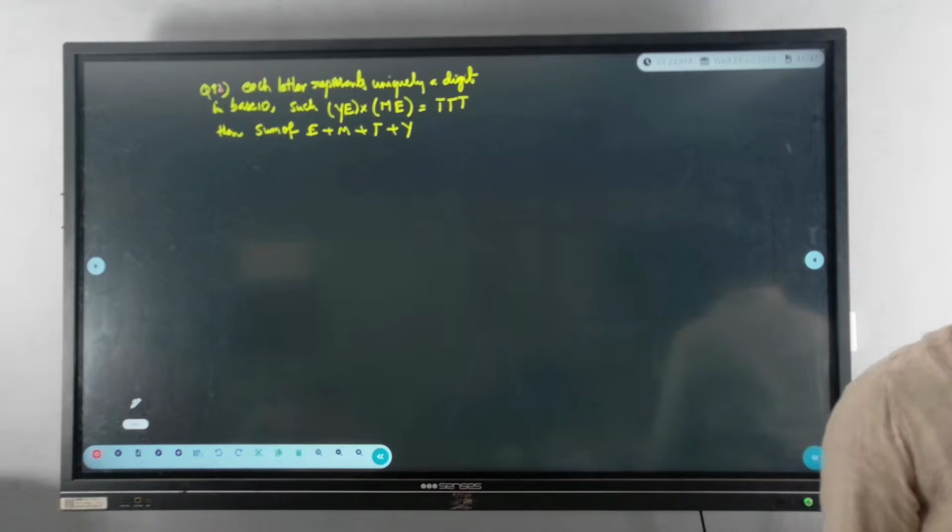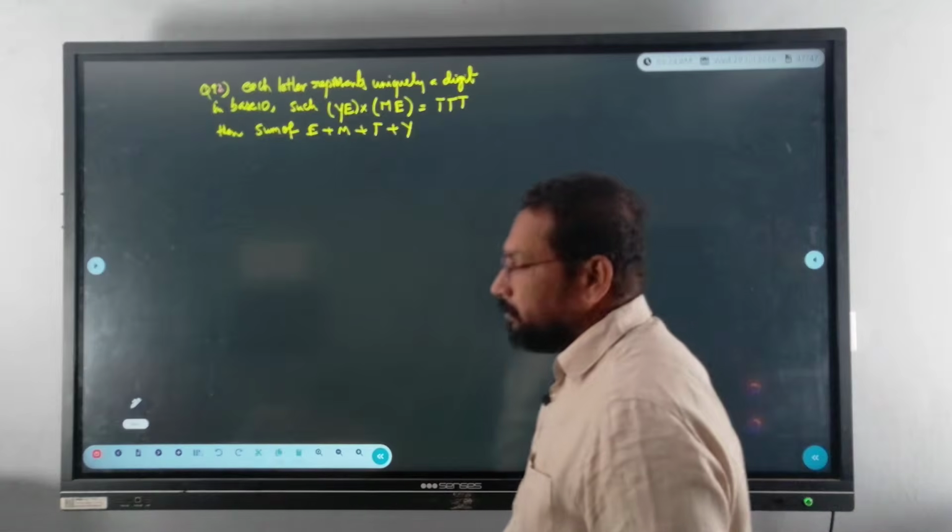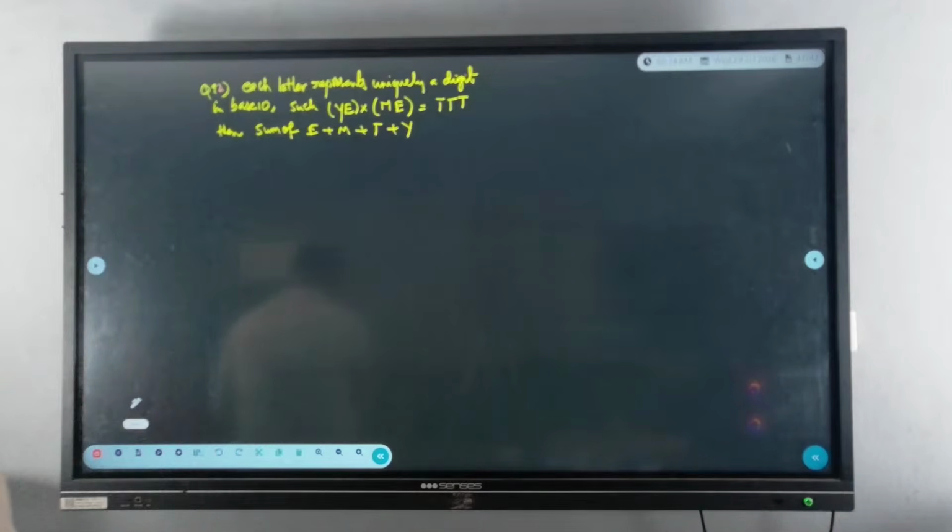Okay, third question, I'll explain. A 3-digit number ABC in that order is divisible by 9. A is an odd digit and C is an even digit. B and C are non-zero.